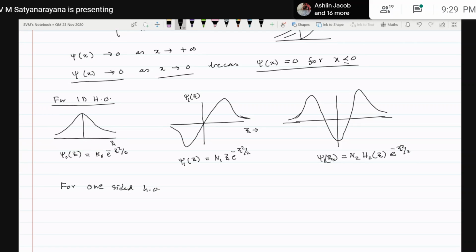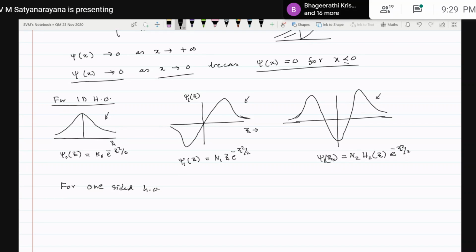we want psi of x to be 0 for x less than 0. That means whatever is there on the x greater than 0 side should go to 0. So this function, for example, will not go to 0. This function will not go to 0. Only odd functions will go to 0.